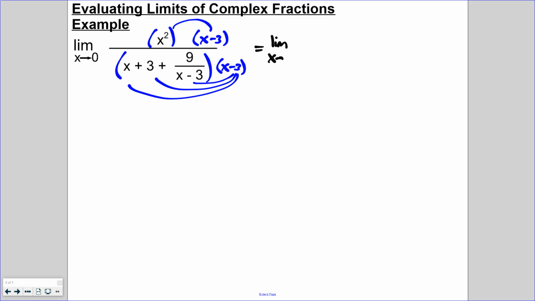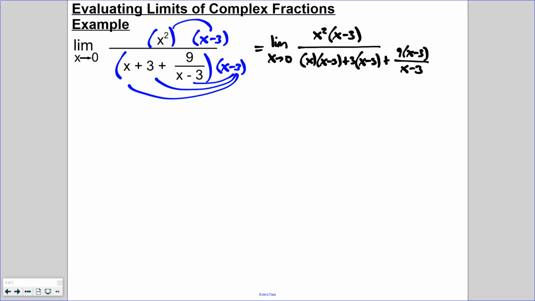So this is going to end up being the limit as x approaches 0 of x squared times (x minus 3) all over the quantity of x times (x minus 3) plus 3 times (x minus 3) plus 9 times (x minus 3) over x minus 3, and I need to extend my fraction bar because I misjudged.